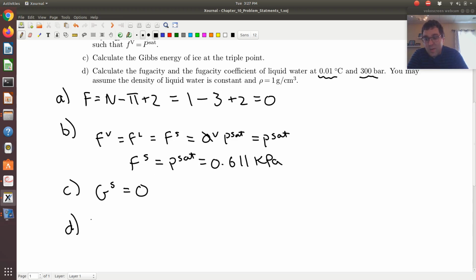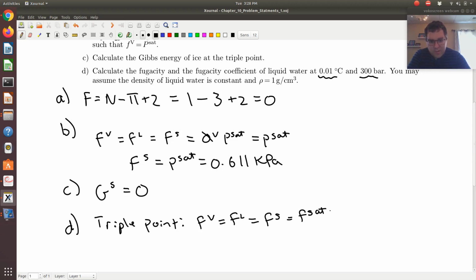Okay, but the basic idea is that at the triple point, we had that f^V, fugacity of my vapor phase, is equal to my liquid, is equal to the solid, or I'm just going to rewrite that as the fugacity at saturation at T, and that's going to be at our temperature of 0.01 degrees C, was equal to 0.611 kilopascals.